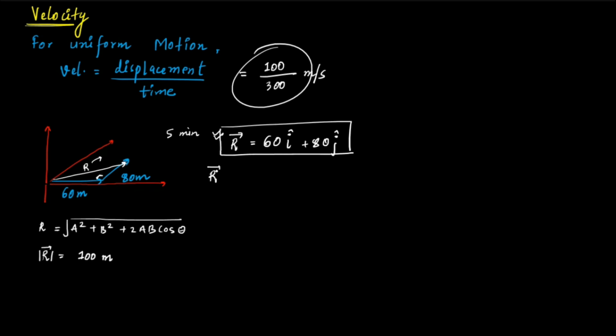If you have to find the magnitude, you can simply use that same thing, 60 square plus 80 square. Because the moment you have written it in i and j form, representing the direction, it is clear that the angle must be 90 degrees. So no need to write this ab cos theta anymore. Again, this will become a habit soon once you are using it as much as is required. So I hope this part is also clear.